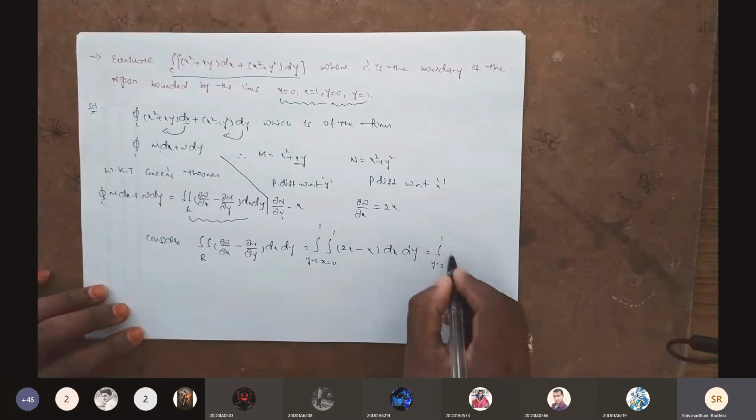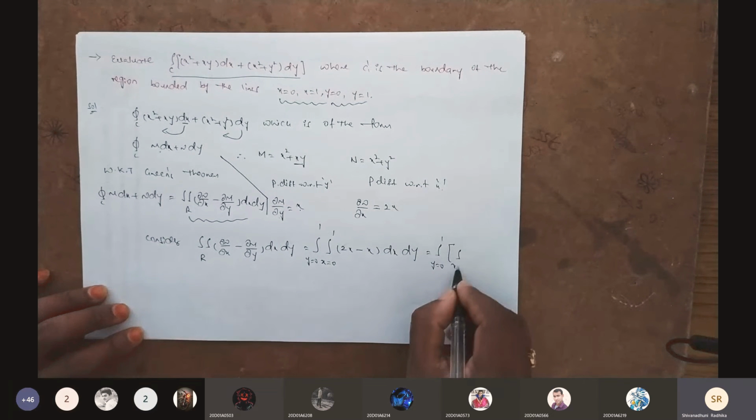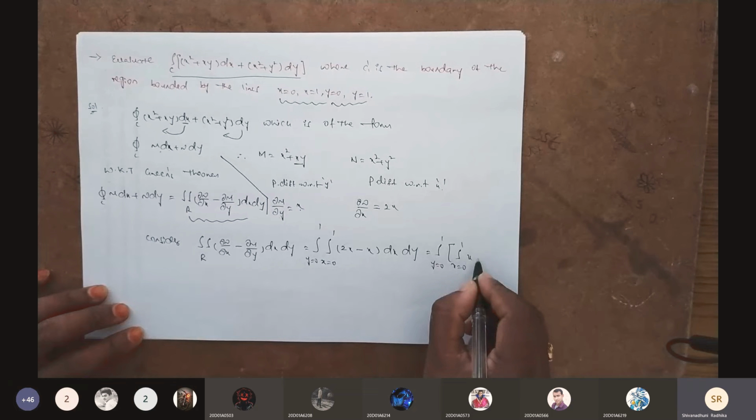Integration y equals 0 to 1 and integration x equals 0 to 1 of x dx into dy.